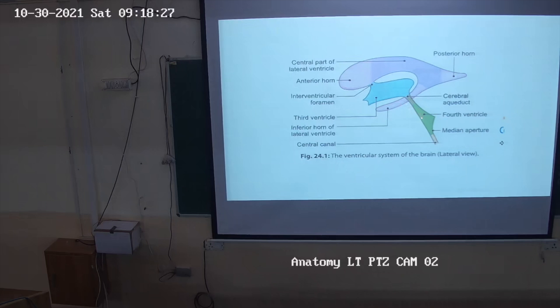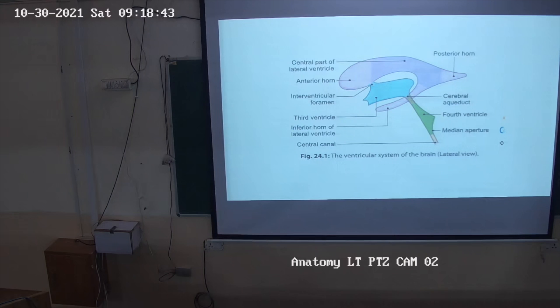The fourth ventricle is again continued with the central canal of the spinal cord or lower part of the medulla. That means all these ventricular cavities communicate with each other.